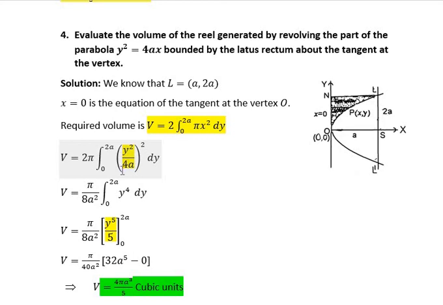By squaring and simplifying, V is equal to pi by 16a square integral 0 to 2a y to the power of 4 dy. Now the integral of y to the power of 4 is y to the power of 5 by 5, and apply the limits 0 to 2a. Hence V is equal to pi by 80a square into 32a to the power of 5 minus 0. Lower limit 0. Hence V is equal to 4 pi a cube by 5 cubic units.